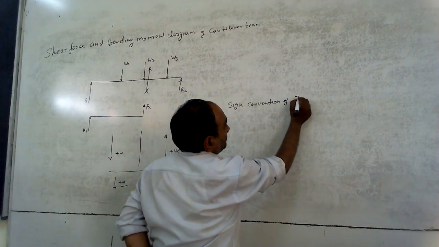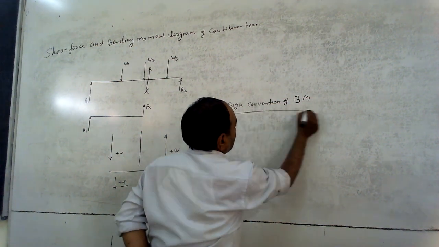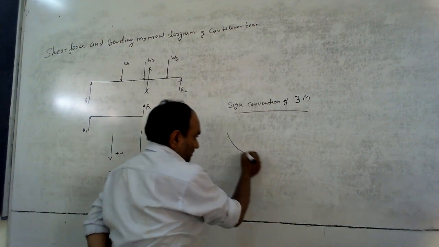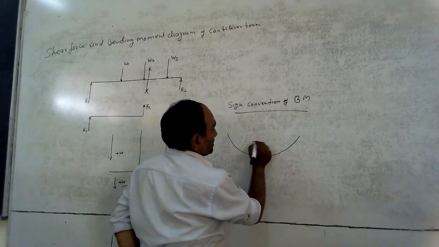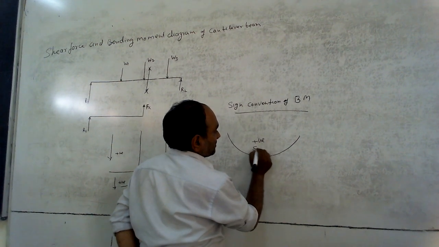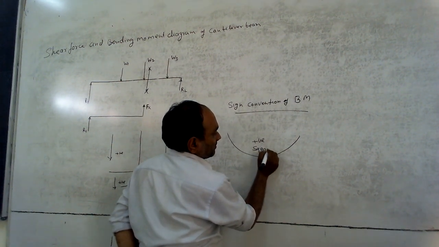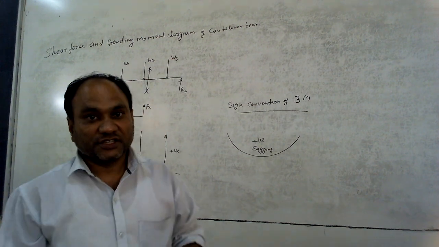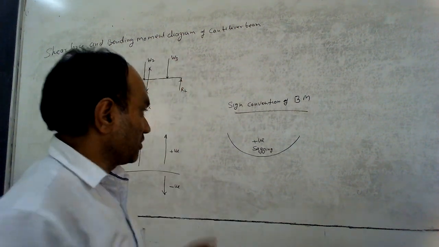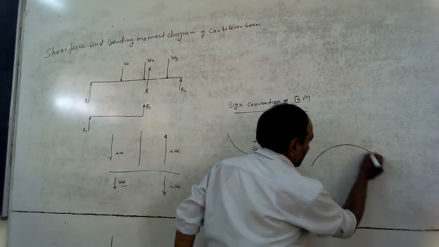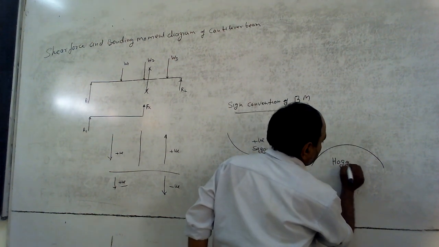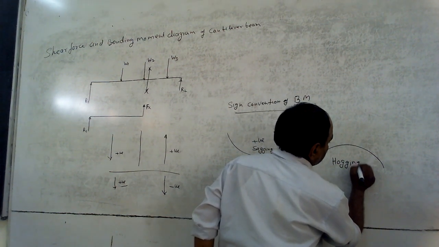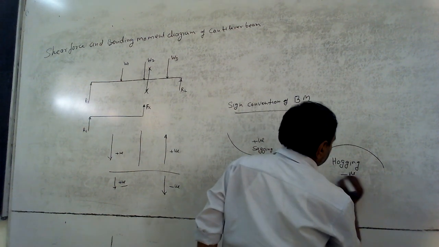Now the sign convention of bending moment. Sagging moment is taken as positive moment, and hogging moment is taken as negative.